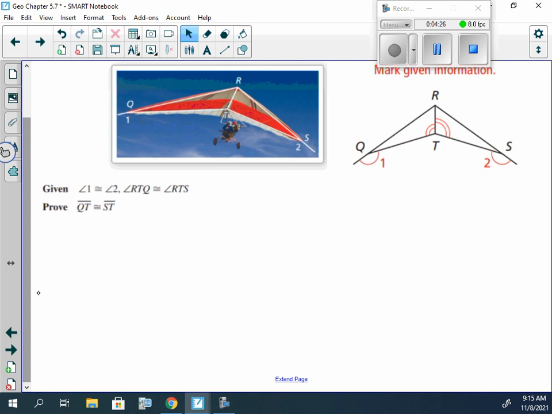They gave us the picture here in more of a broken down model of the hang glider. Now, angle 1 and angle 2 are congruent, and RTQ and RTS are congruent as well. So we know that these are going to be congruent. Yes?